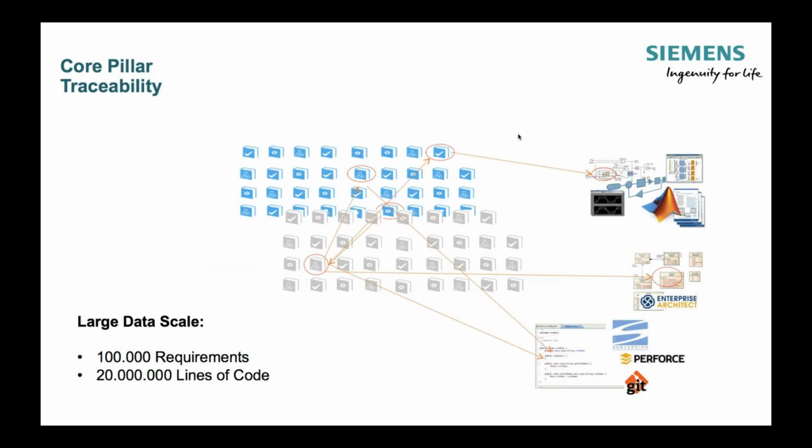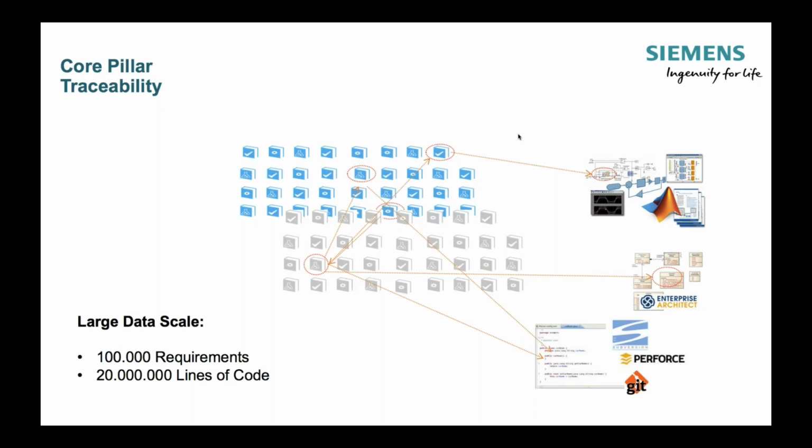We can also look at Polarian as a storage for multiple work items, and between them we can define links, and also we can import and export data from the different systems. For example, you can perform simulation in one system and get the result back into Polarian.